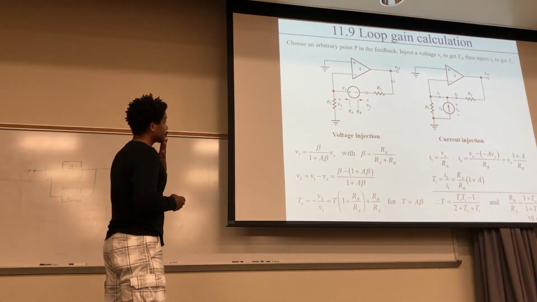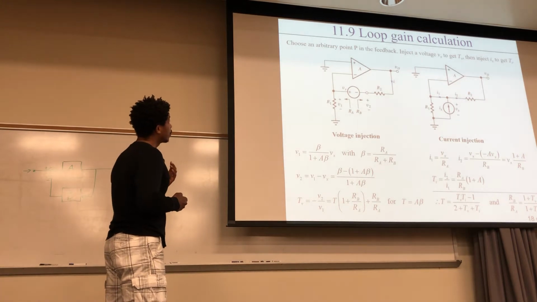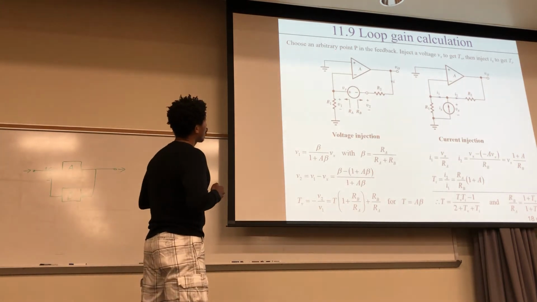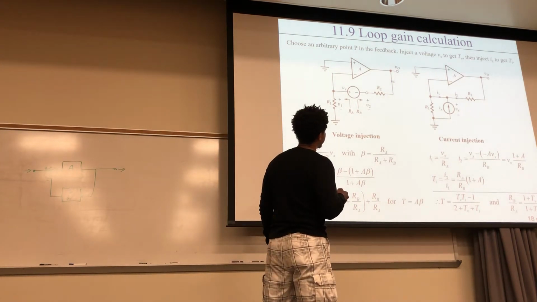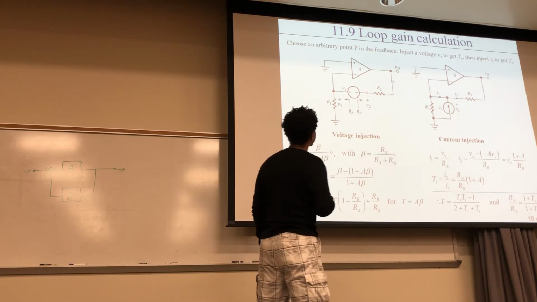So in this method, first you choose an arbitrary point in the feedback, and at that point, here's point P right here. Okay, I should have drawn a P here. So this is P, and that's P right there.